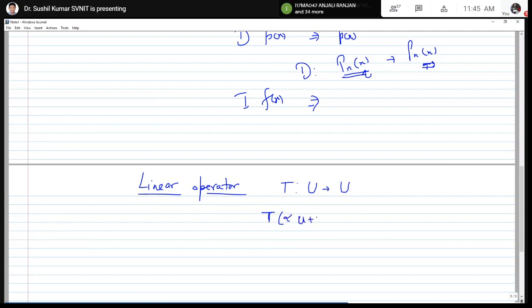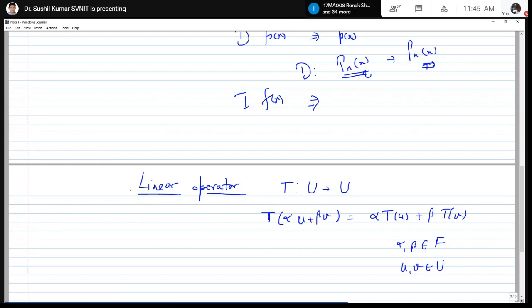Alpha U plus beta V equal to alpha T U plus beta T V. See this alpha and beta, this must be a member of the field. And U and V belong to U. So this is a definition of linear operator.